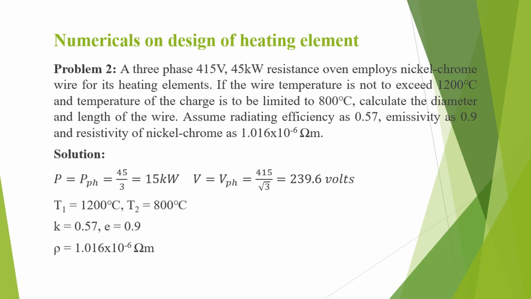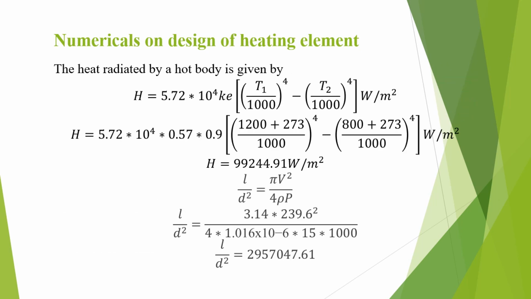Temperature T1 is 1200 degrees Celsius, T2 is 800 degrees Celsius, K the radiating efficiency is 0.57, emissivity is 0.9, and the resistivity rho is 1.016 into 10 power minus 6 ohm meter. Substituting the data in the equation of heat radiated, we get the value of H as 9,244.91 watt per meter square.